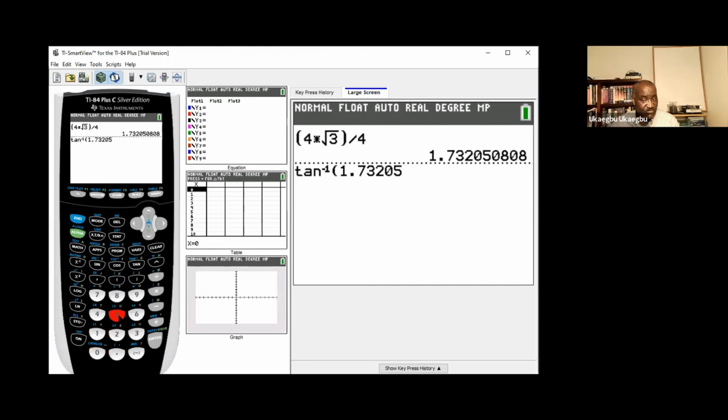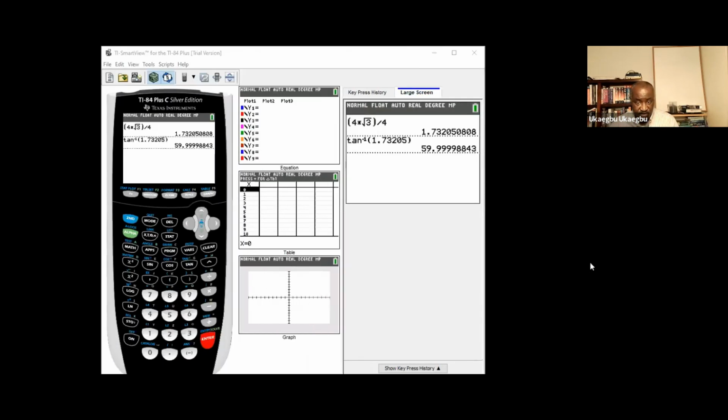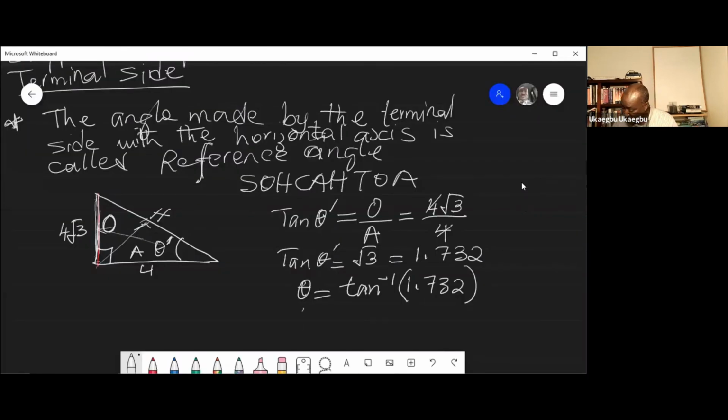We can put all the numbers, but we can stop there. Then we close the parentheses and hit another enter. Boom. It gave us 59.99999. So apparently theta prime is equal to 60 degrees, basically.